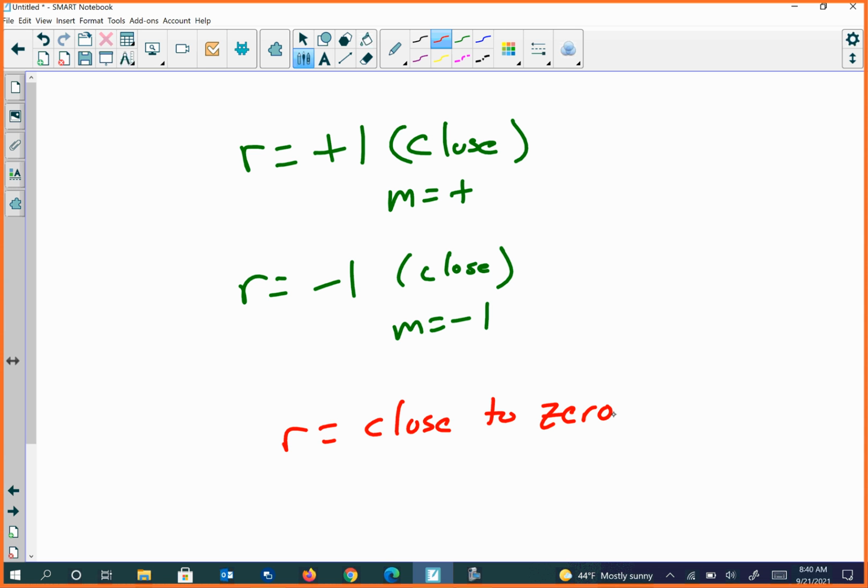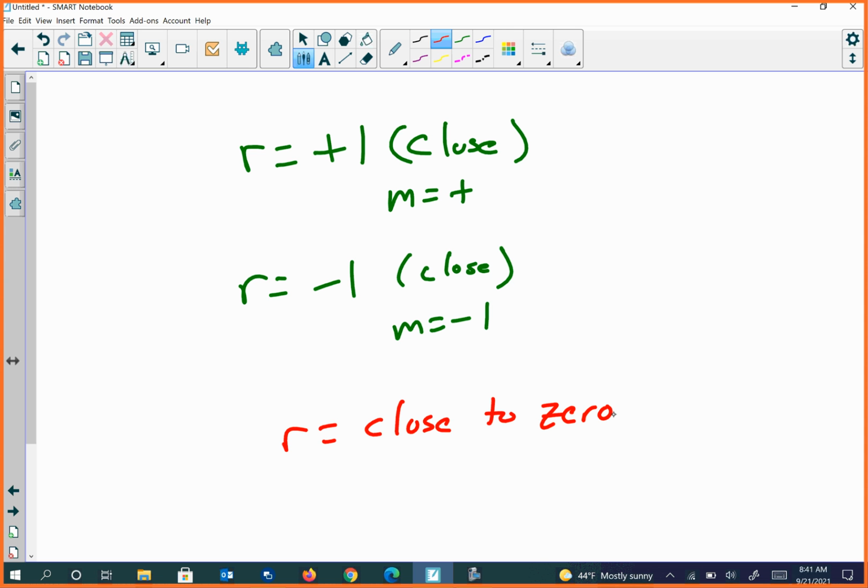I know most of you have maybe not shot a shotgun, but you might know that if a shotgun is shot and it's full of bird shot, and you're standing, let's say, 50 feet away from the side of a barn and you shoot it, it's going to be a big circular pattern of how that buckshot hit. That would be an R value that is very close to 0.